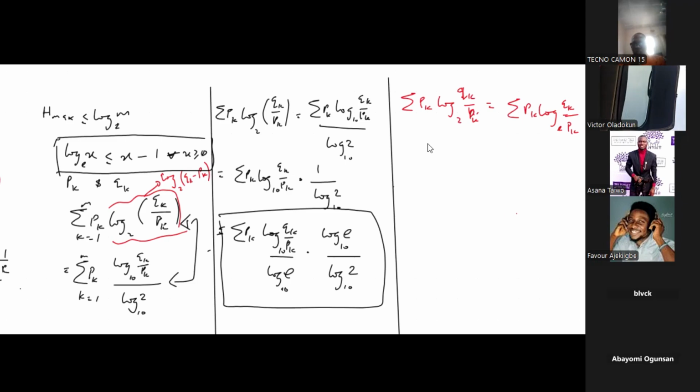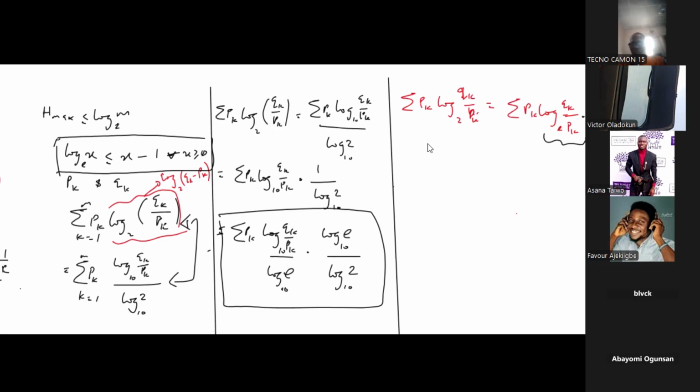Now that we have done this, we have to invoke another interesting parameter, which is our property of natural logarithm. We now see that this expression here, log Q sub K over P sub K base E, models this, where Q sub K over P sub K is the same as X, right?